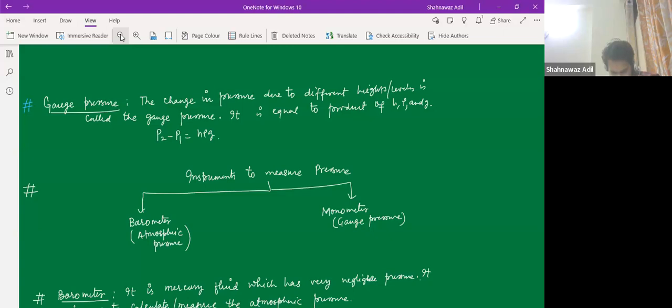Please look at examples 9.2, 9.3, 9.4. All these examples are very important. When you do example 9.4, page number what? Page number 180, right? Page number 184, look at those examples.